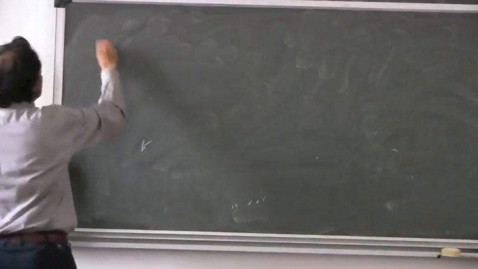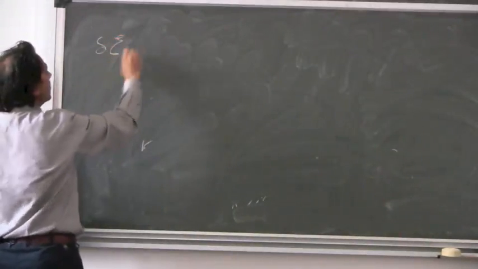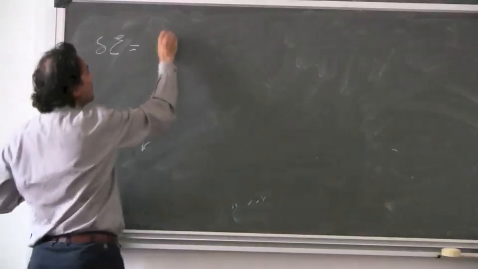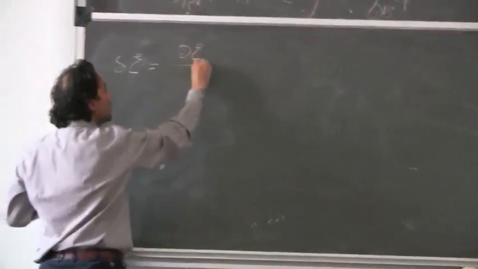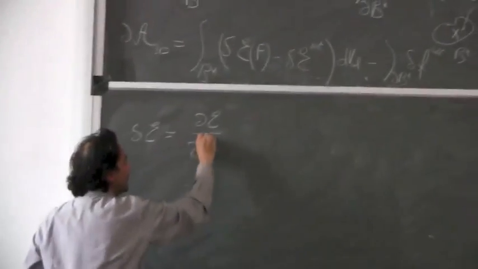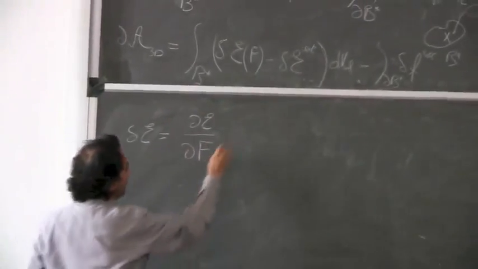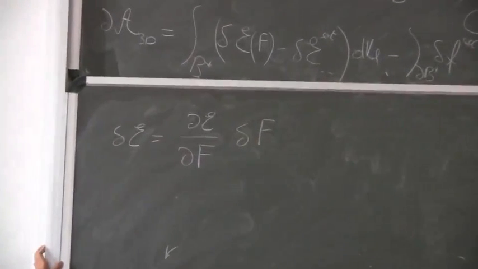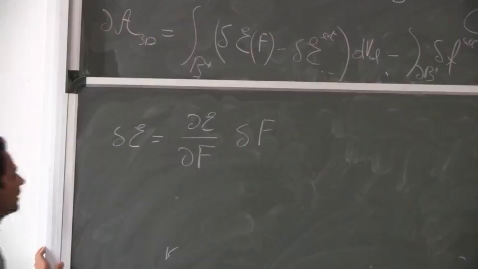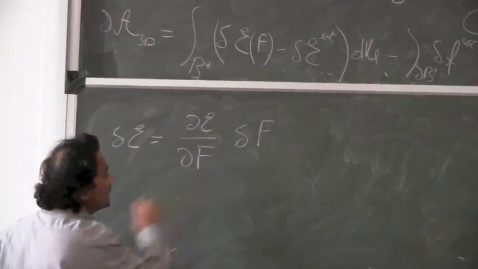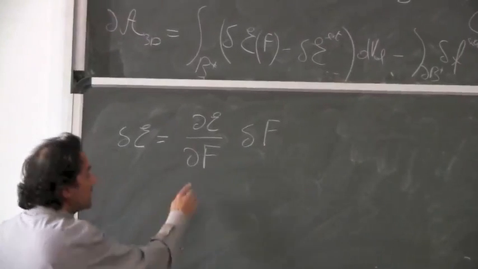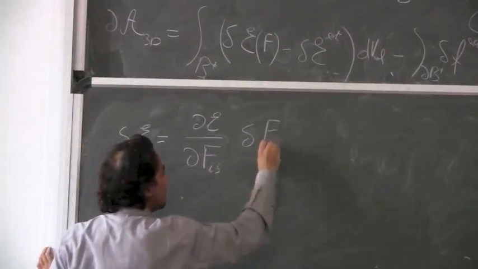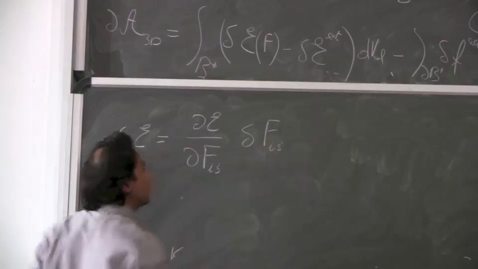What is the variation of E? The same way as we did before, this is the derivative of E with respect to F multiplied by the variation of F. In index notation, this means that you have to put the index here and the same index here.